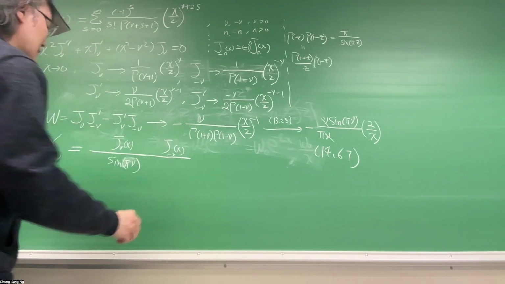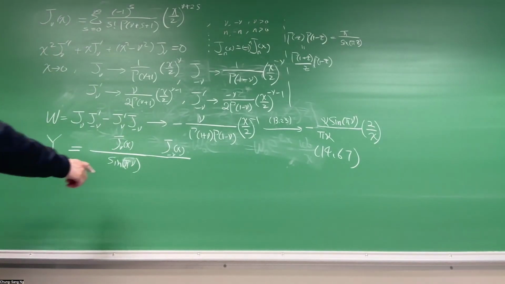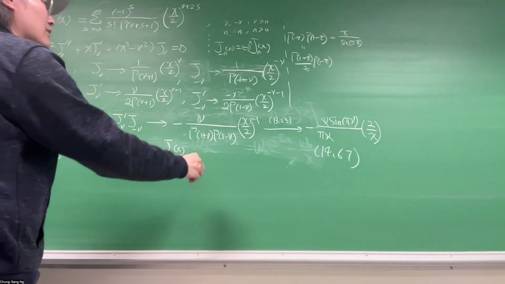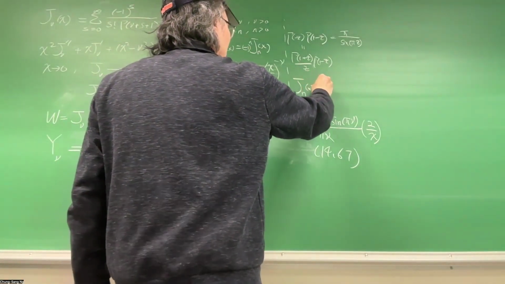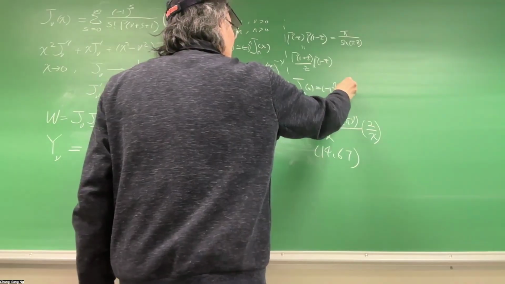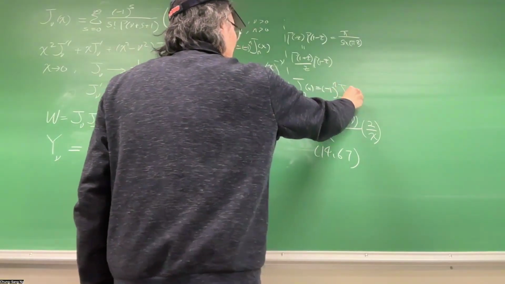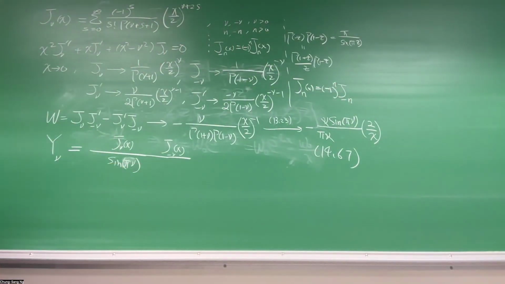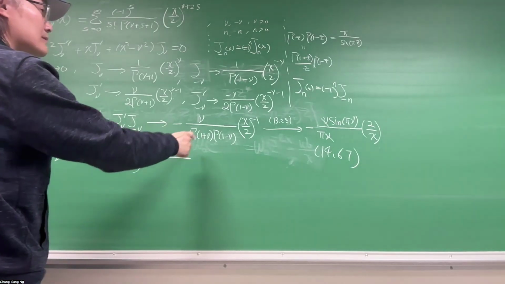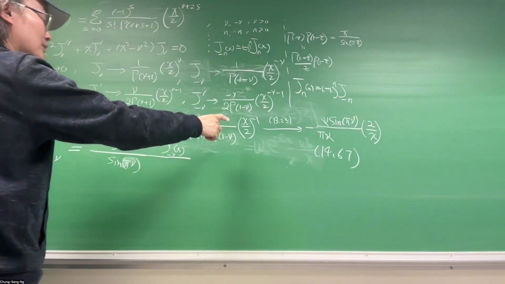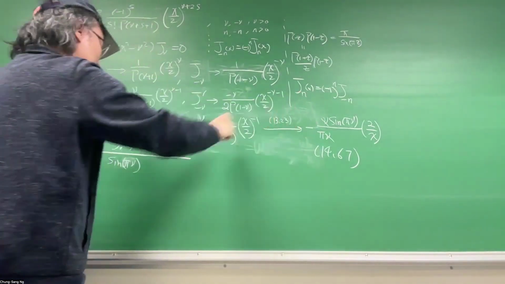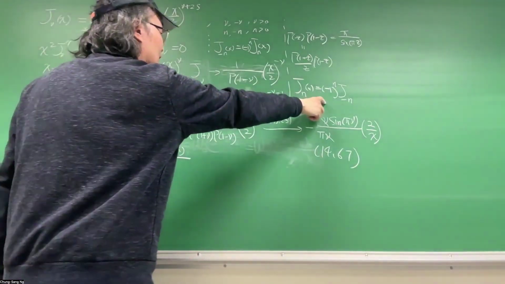And then when nu goes to an integer, we remember that J sub n is minus 1 to the n times J sub minus n. We need to use that, because when nu goes to an integer n, you have this relationship.